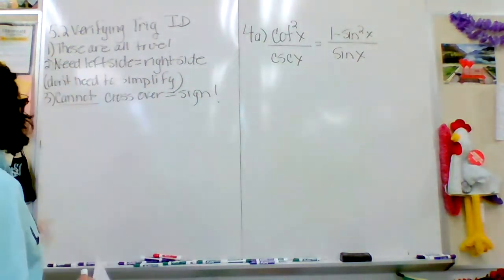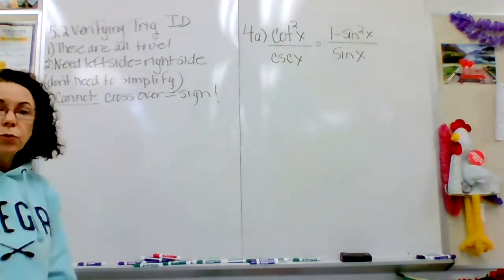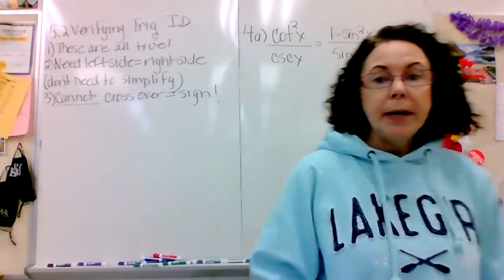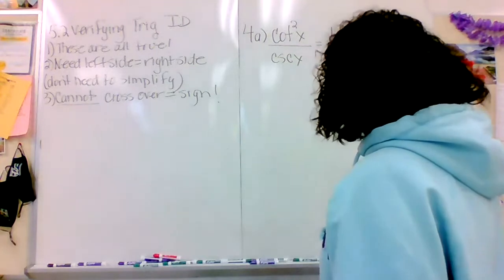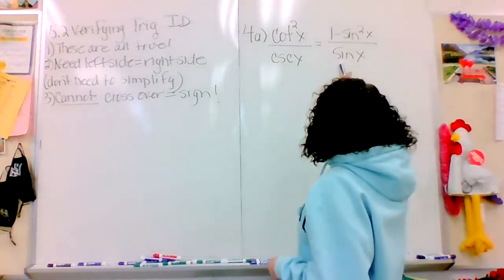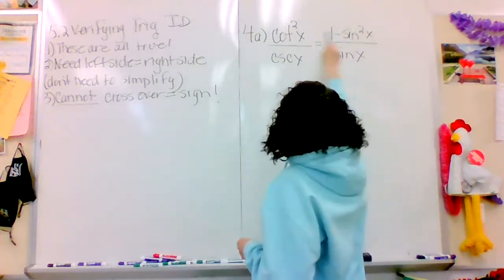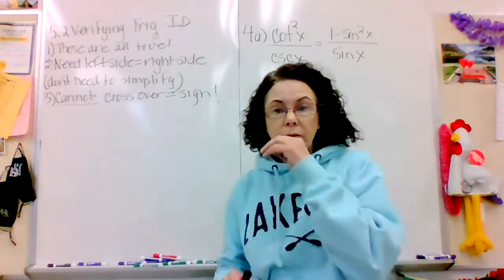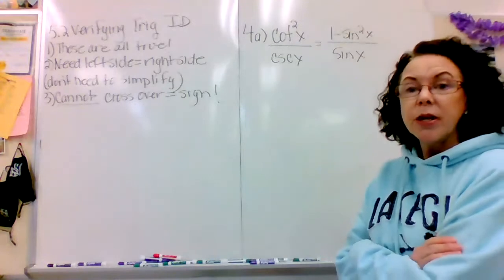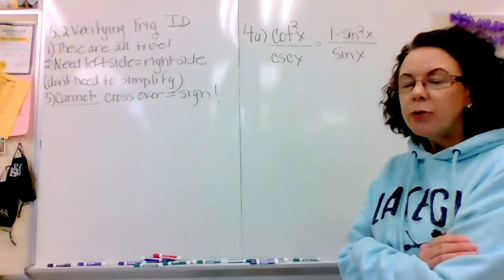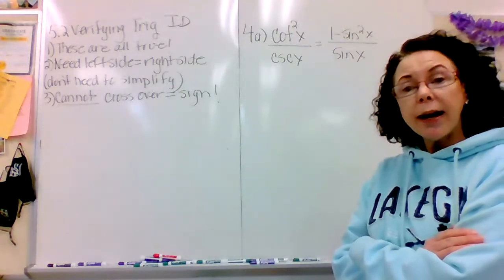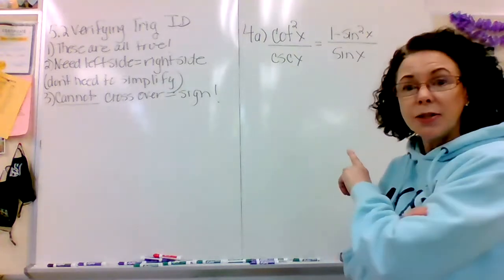Okay, now you cannot cross over the equal sign though. What does this mean? It means that you might be tempted to multiply both sides of this equation by sine or cosecant to get rid of the denominators or to cross multiply. You cannot do that. And here's why. We are trying to prove that this is true.